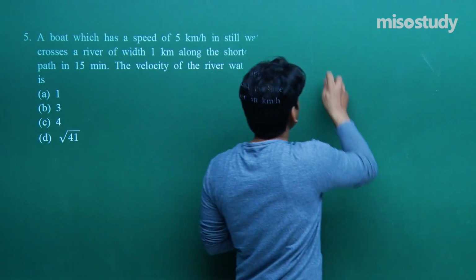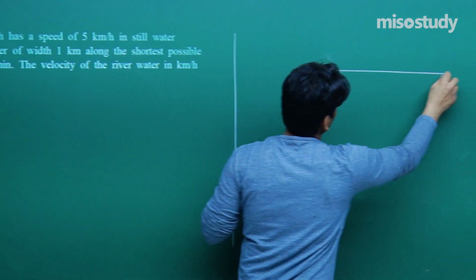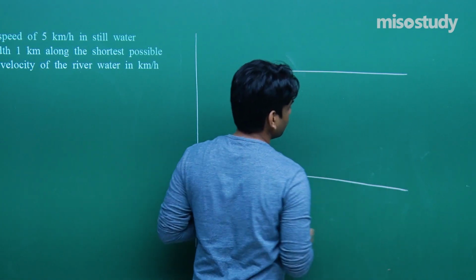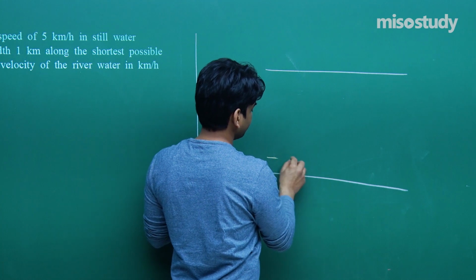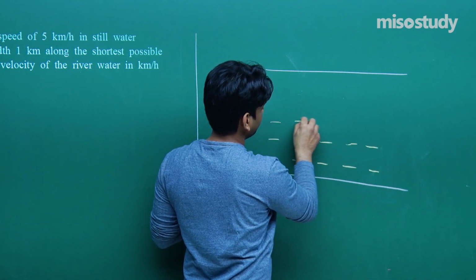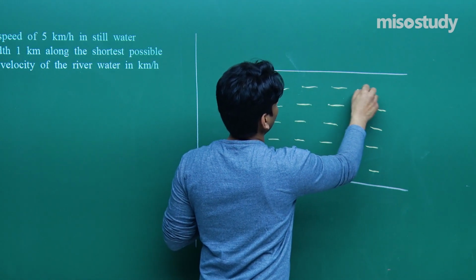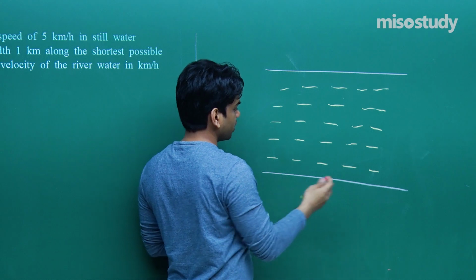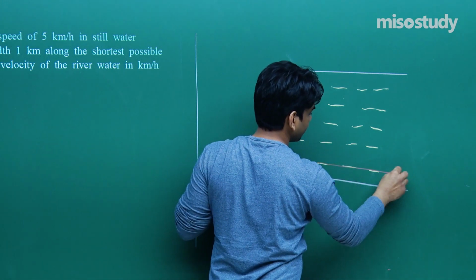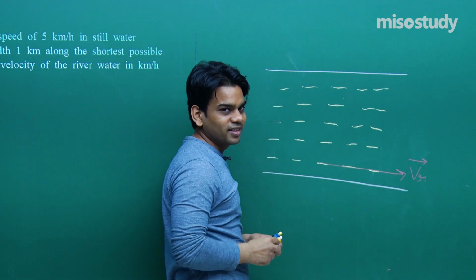Now see, I have discussed such kinds of river and boat problems in the class. Suppose, let's say this is the river, and the river must be flowing along one side. Let me show you how the river is flowing. Let us say this is the velocity of the river, flowing towards the right.